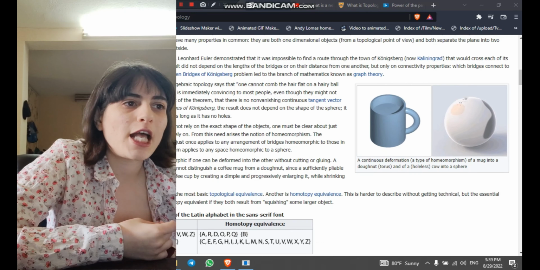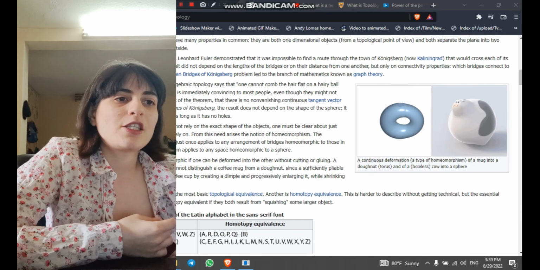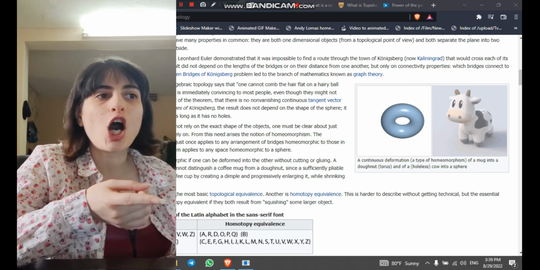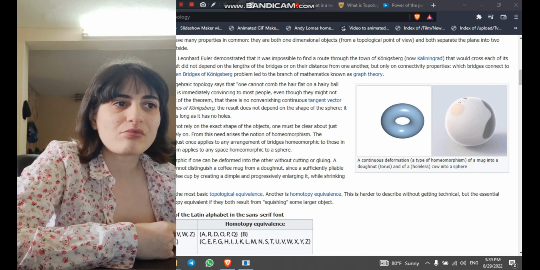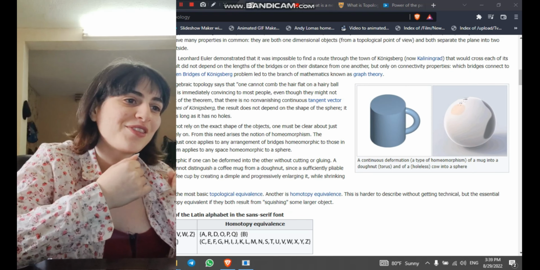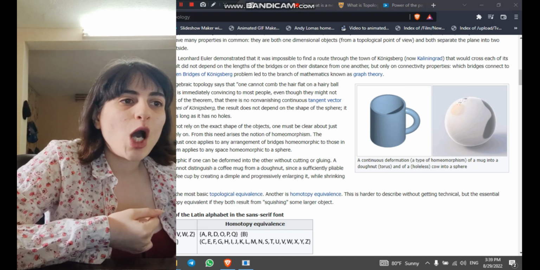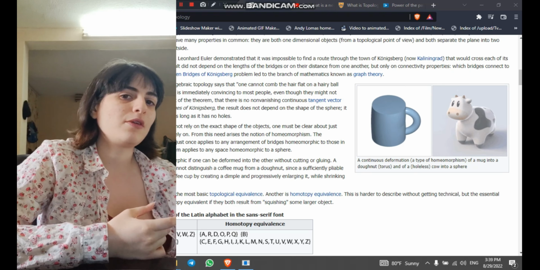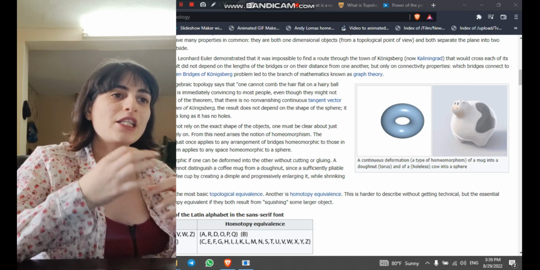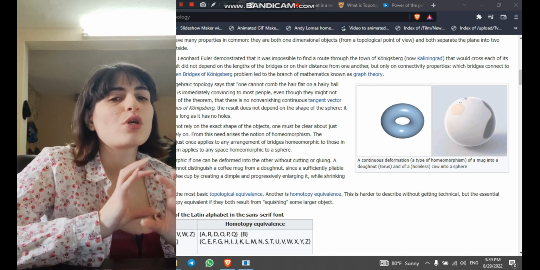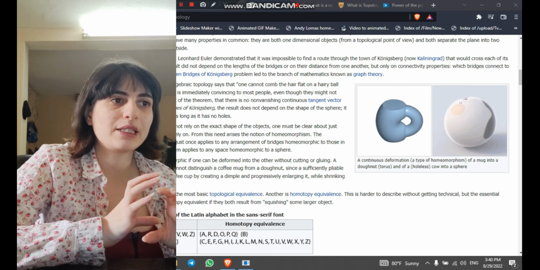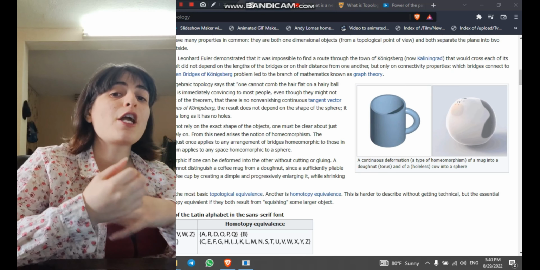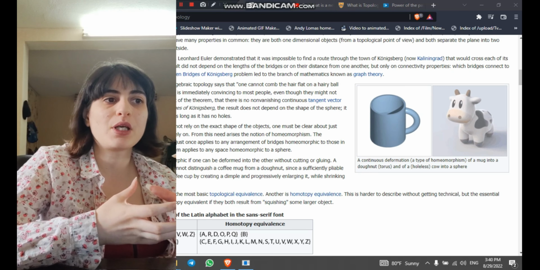For example, you see the deformation of the cup and the cow. The cow is really funny. The cup has one hole because of the handle, and it can reform to a torus completely, and the cow can reform to a sphere completely.